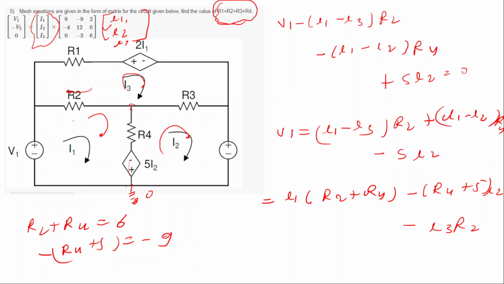The minus signs cancel, so R4 will be equal to 5, and if we put the 5 in the first one, R2 will become 1. So R2 we find.